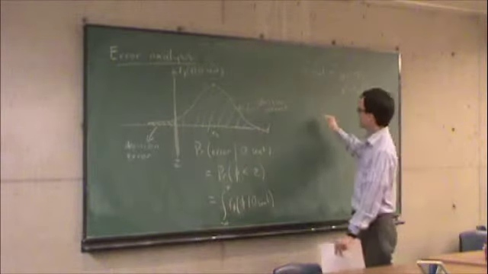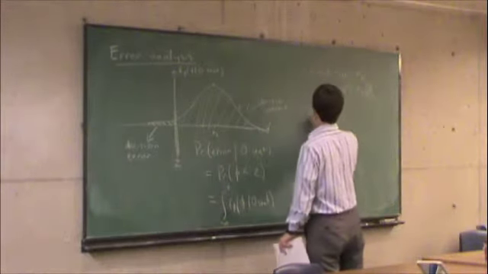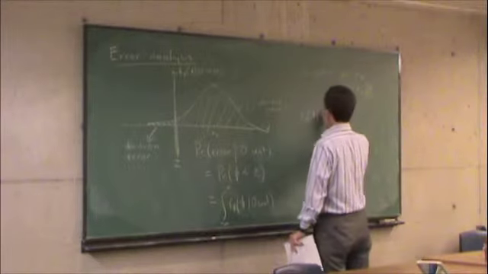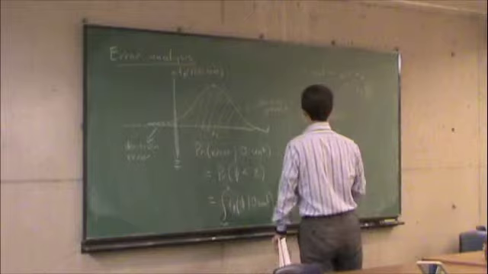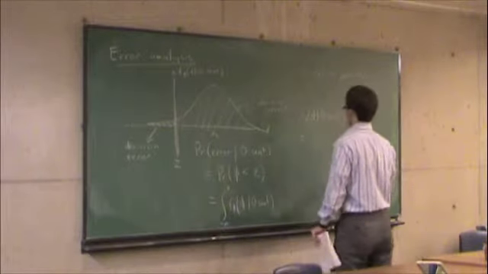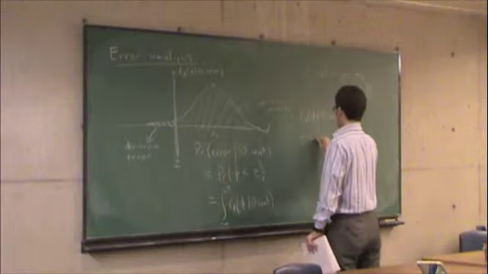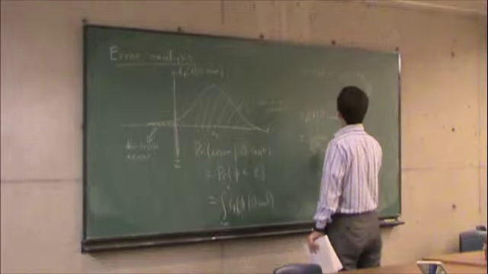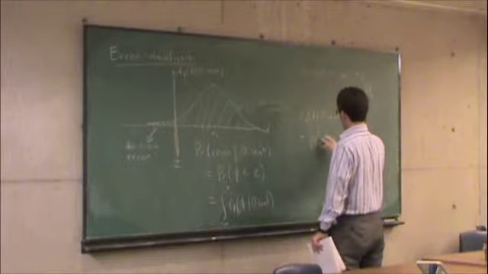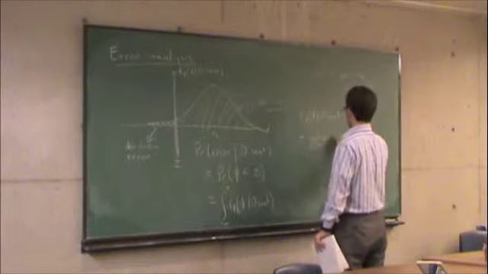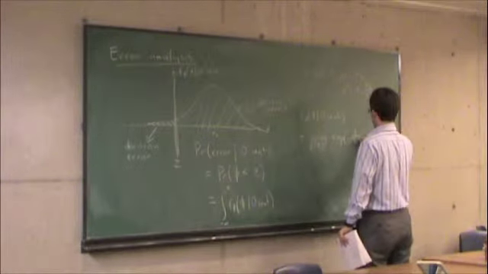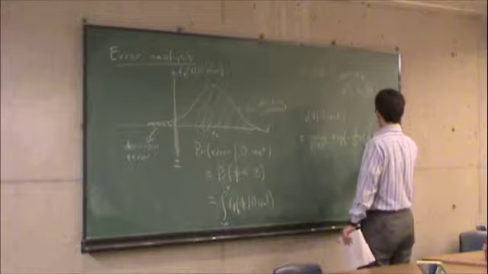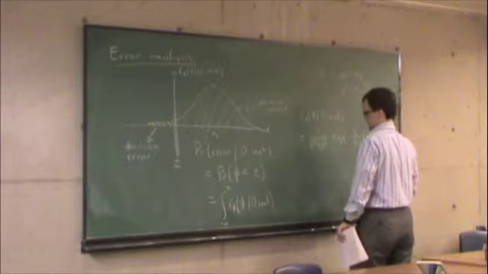So f of phi, given that 0 was sent, I argued this is a Gaussian random variable, so its probability density function is 1 over root 2 pi sigma squared, e to the power of minus 1 over 2 sigma squared, phi minus mu squared.